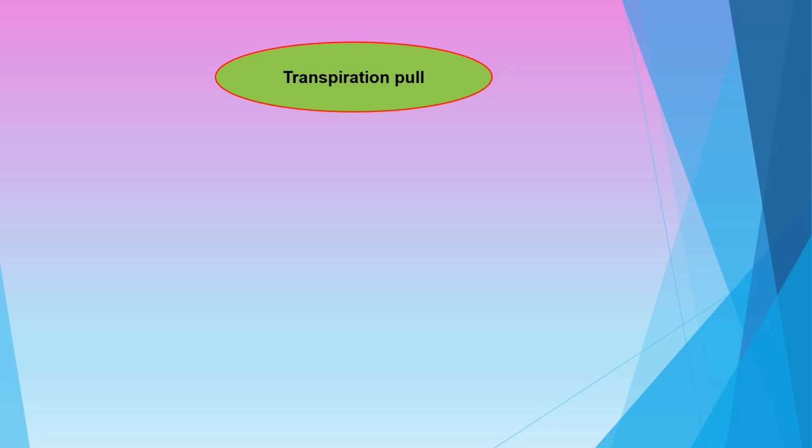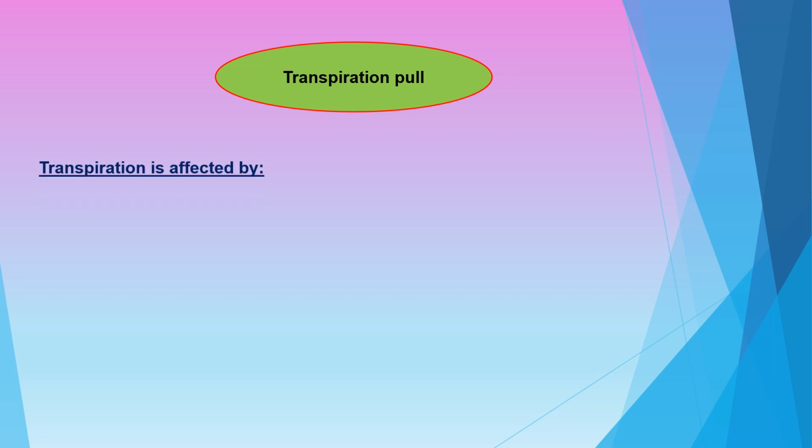This process is called transpiration pull. This speeds up the root, causing the roots to absorb more water from the soil to ensure a continuous flow of water from the root to the leaves.